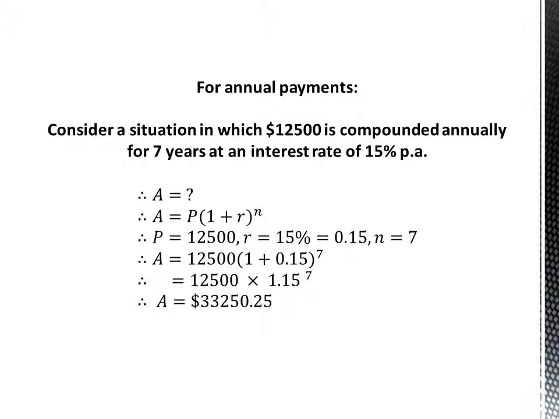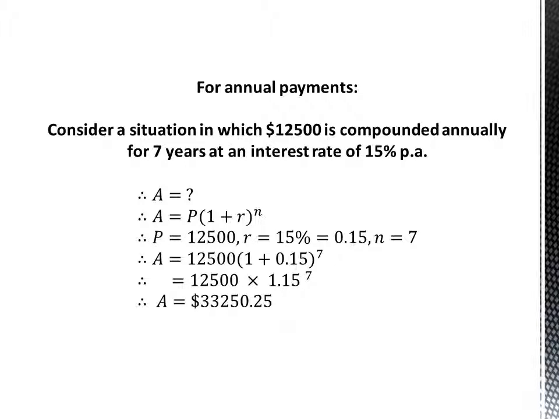For annual payments, consider a situation in which $12,500 is compounded annually for 7 years at an interest rate of 15% per annum. So in this case, we are trying to find the amount loaned or invested after n years using the annual compounding formula. So P, or the principal, is 12,500, R, or the rate, is 15%, or as a decimal, 0.15, N is 7.